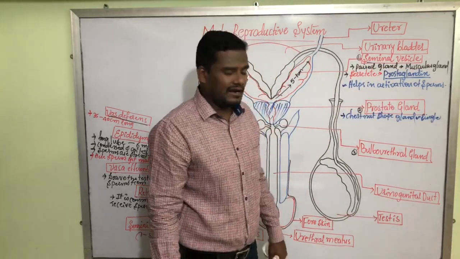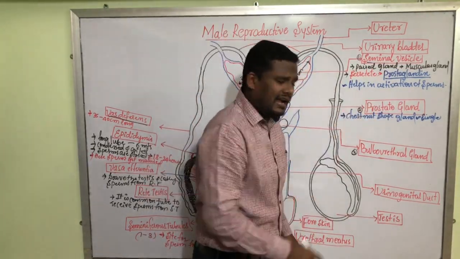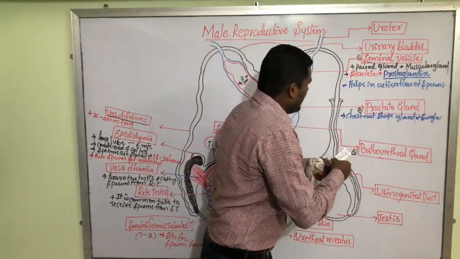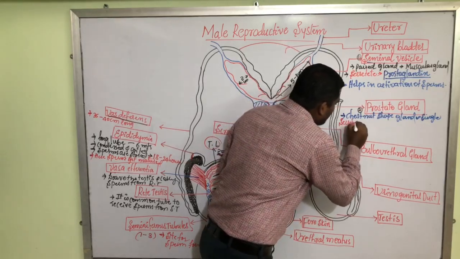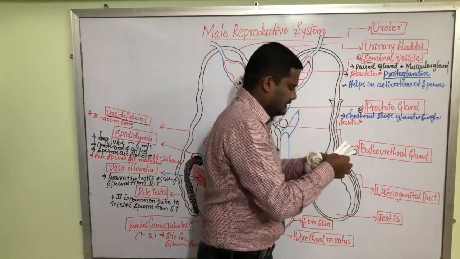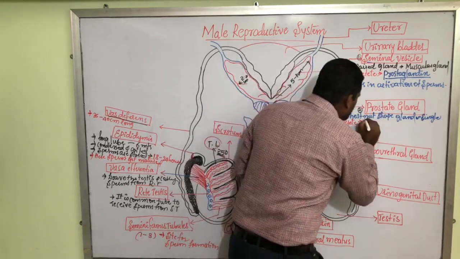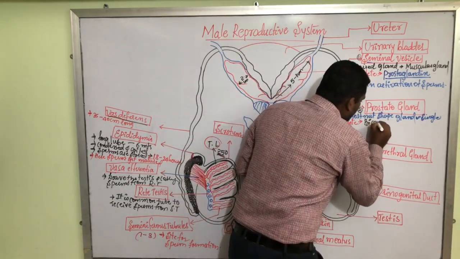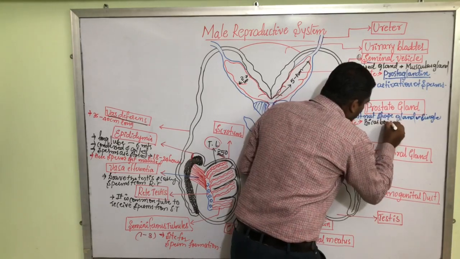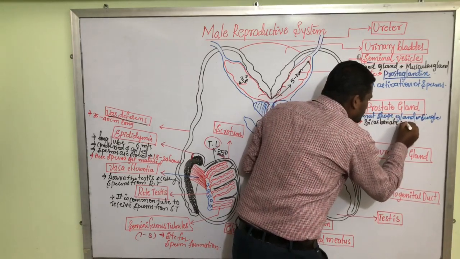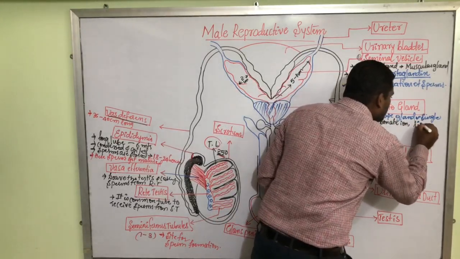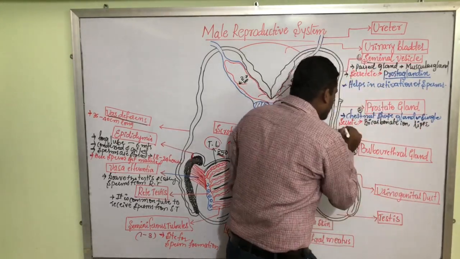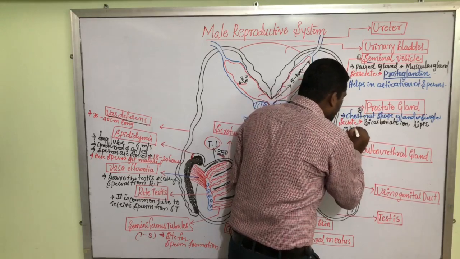This gland secretes bicarbonate ions. It secretes lipids. It secretes citric acid.